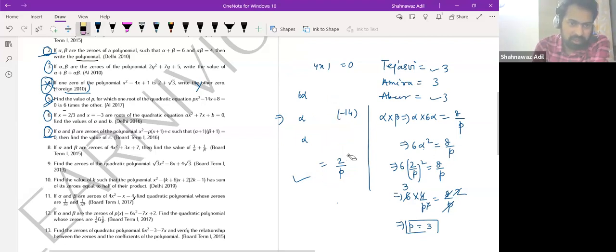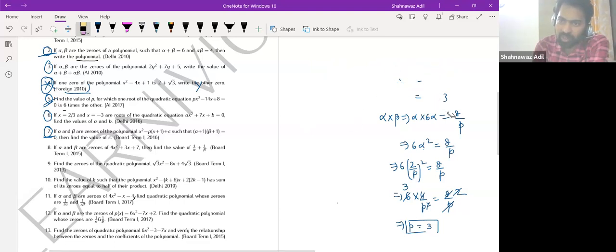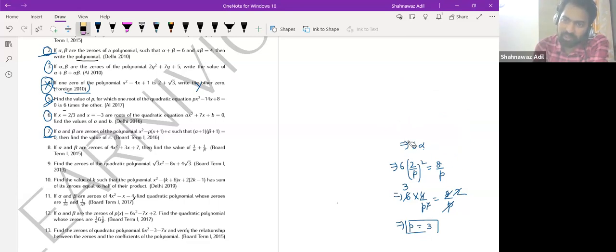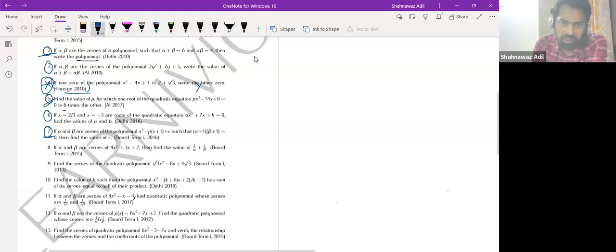That question is also based on the same idea. Inputs are given, alpha and beta are given, and you have to find out the rest. In the sixth question, roots are given.